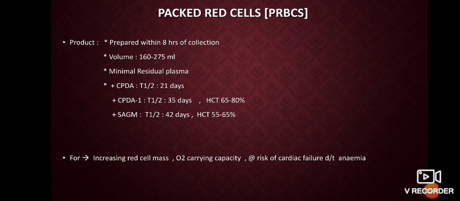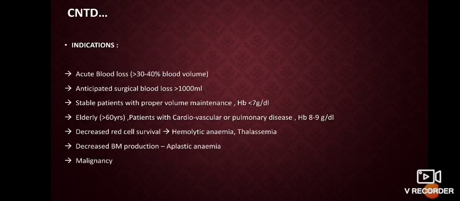And PRBC is being generally used in conditions where we need increased red cell mass and oxygen carrying capacity, and used with good result in patients at risk of cardiac failure due to anemia, for whom we cannot give a whole blood transfusion.